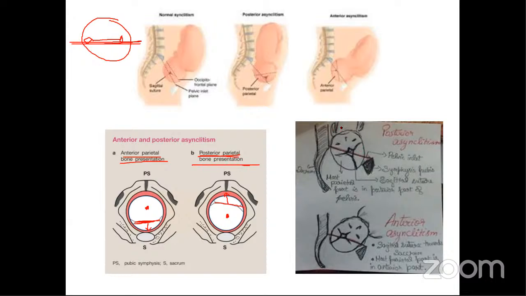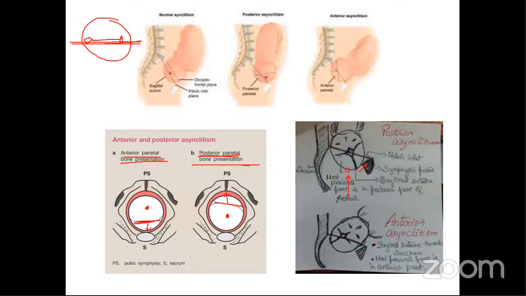Okay, this is a very interesting photo I found on the net, and I just put it up here. Somebody has really drawn it very well to make you understand, in the sagittal plane. This is posterior asynclitism, where the sagittal suture is towards the pubis, and what you can feel on pelvic examination is the posterior parietal bone of the fetus.